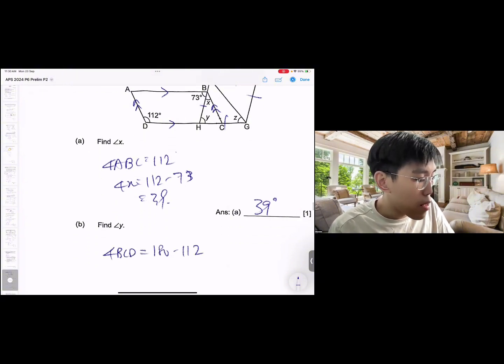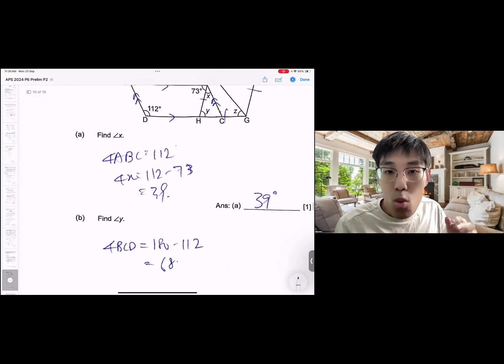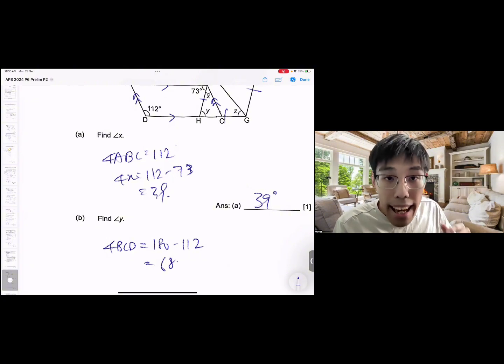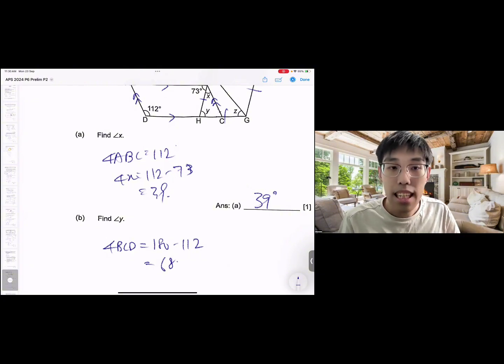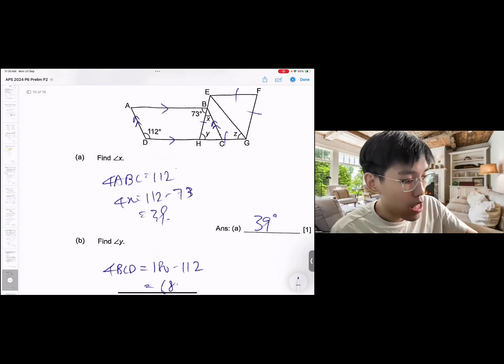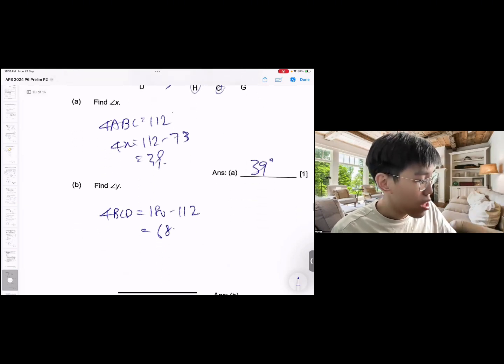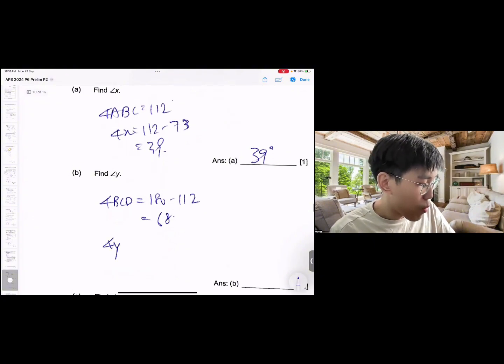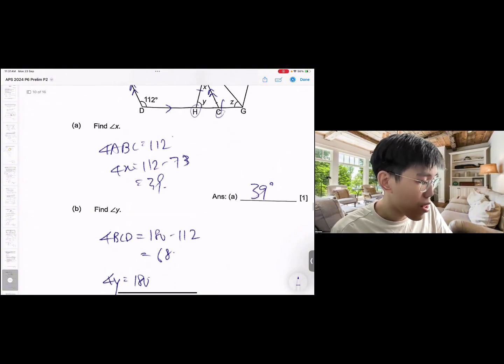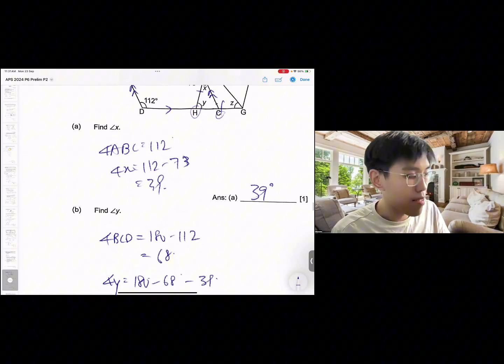BCD is 180 minus 112, which is 68. Then x plus y plus 68 gives me 180, if we focus on this triangle. So y will be equal to 180 minus 68 minus 39.